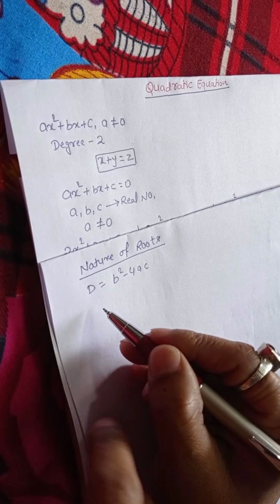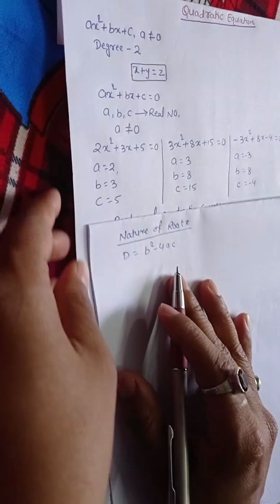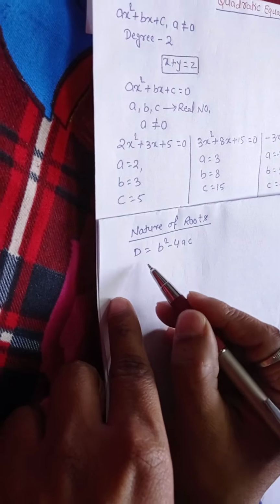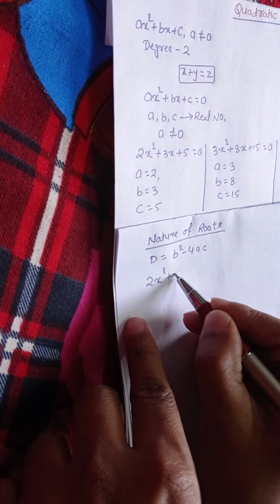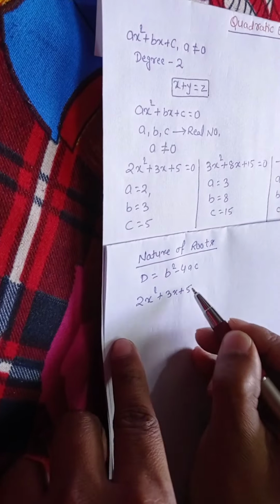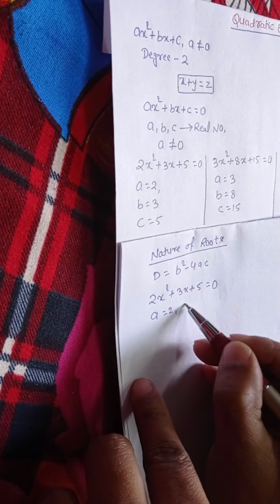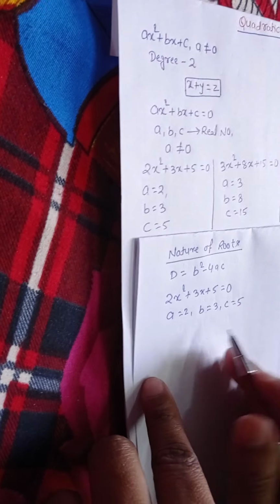So we will take an example here. Again, let's take the example which we have discussed earlier. 2x square plus 3x plus 5 equal to 0. Here a will be 2, b will be 3, and c will be 5.